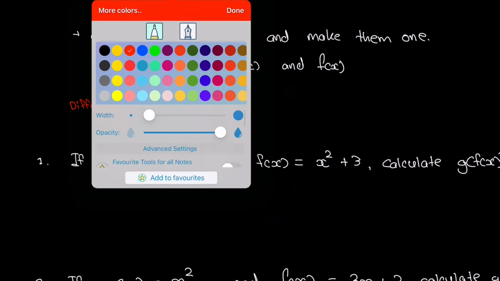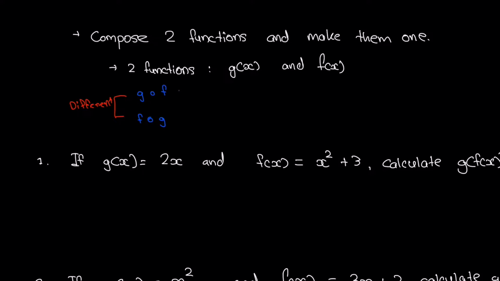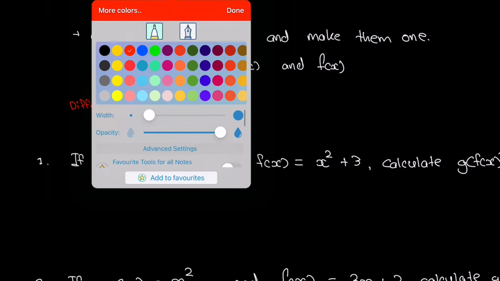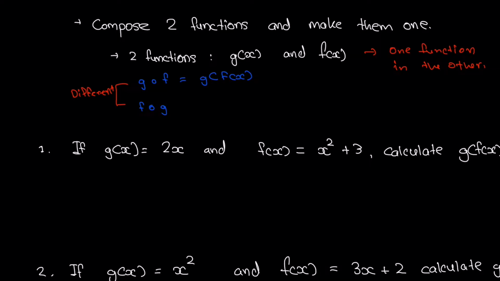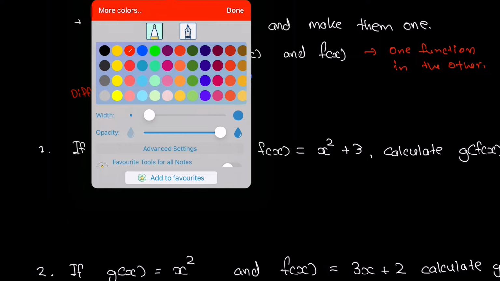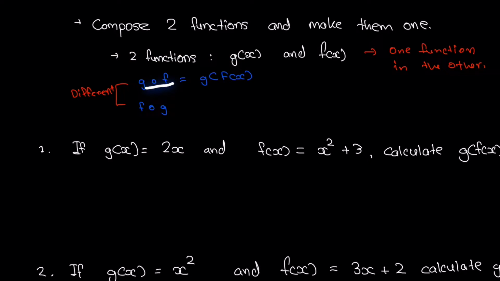Basically what it means to compose these two functions is, for g dot f, we put g outside the bracket and we put f of x inside g. So we basically put one function in the other. When we have g dot f, we put f of x inside g of x.